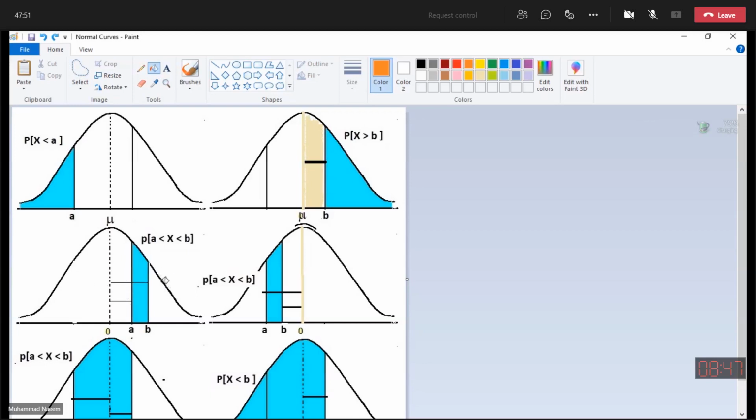In this case, we subtract the smaller area from the larger one. In this case also, we subtract the smaller area from the larger one. In this case, we add both the tabulated areas, but in this case, we add 0.5, the complete half, to this tabulated area. It depends upon the problem. It depends upon your requirement.